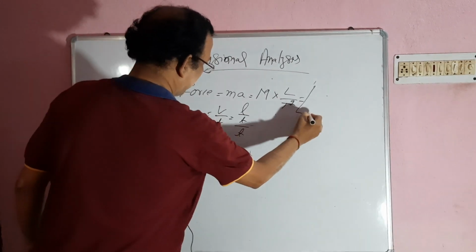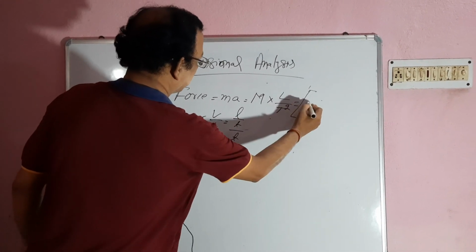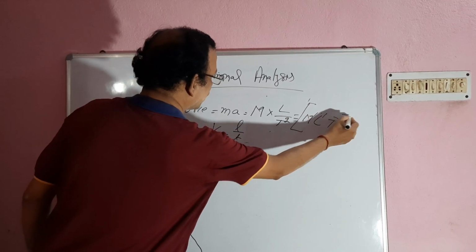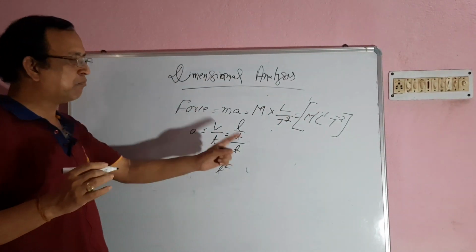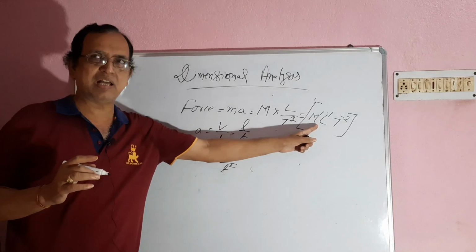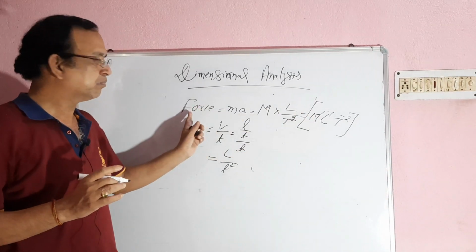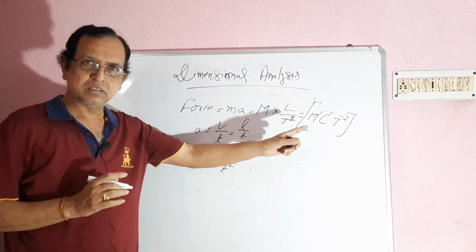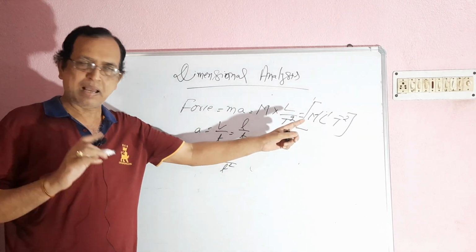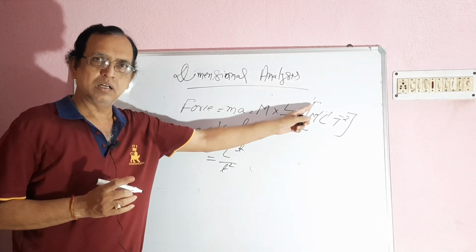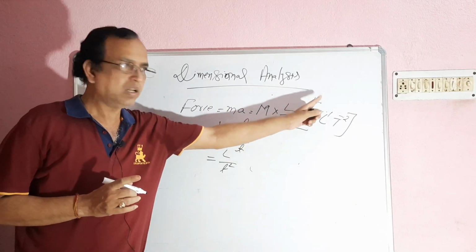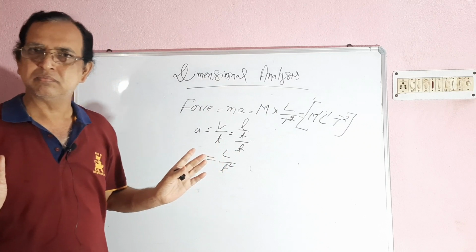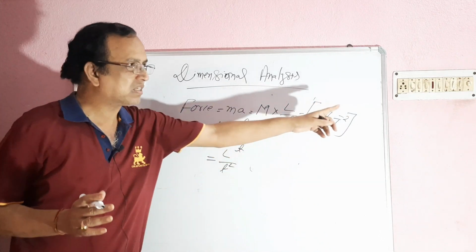So the dimensional formula is M1 L1 T to the power minus 2. So M1 L1 T minus 2 is the dimensional formula of force. You can say the dimensions are 1 for mass, 1 for length, minus 2 for time. Okay, so these are dimensions.